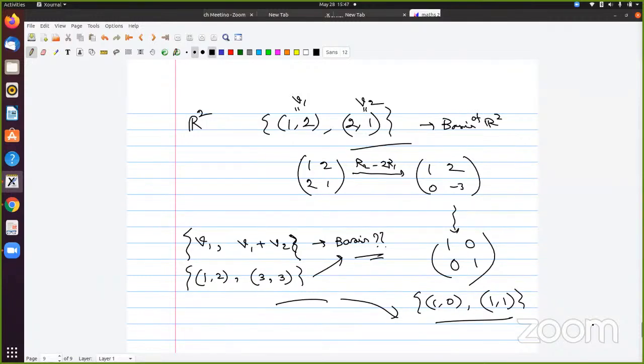This 1, 2 and 3, 3 can also be reduced to 1, 0, and 0, 1. If these are a basis, if 1, 2 and 3, 3 are linearly independent, then it can be reduced to the standard form. That's all. Whether it is a basis or not, I don't know. How is this solving this problem? Both are linearly independent. We have to check it.